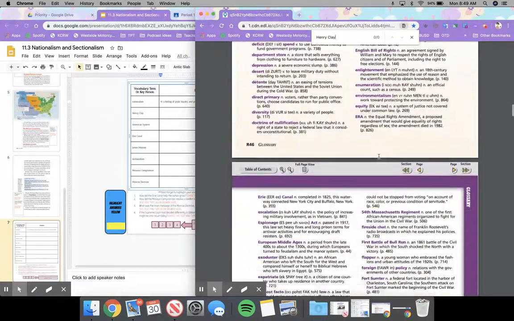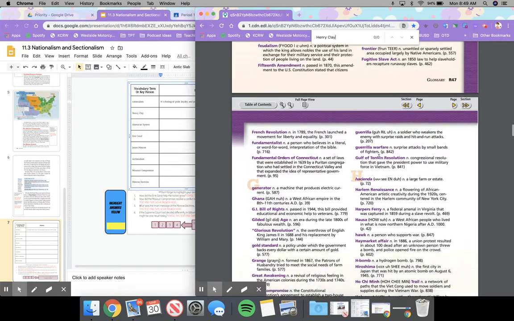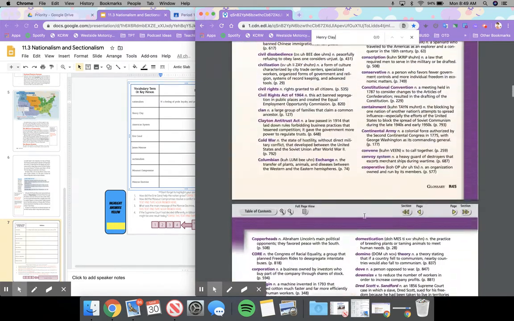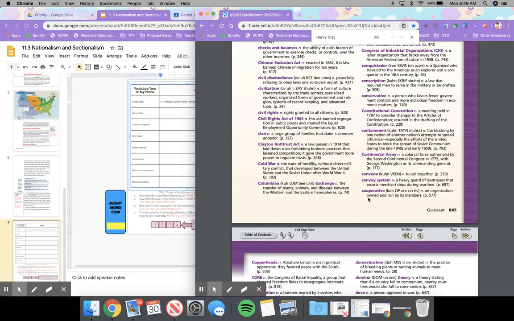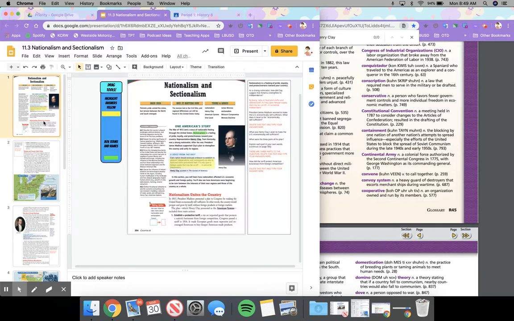Went too far. E, F, G, H. So he's not here. And it's not here. So then I do have to go back up to the text and find who Henry Clay was. He was a representative from Kentucky and a strong nationalist.